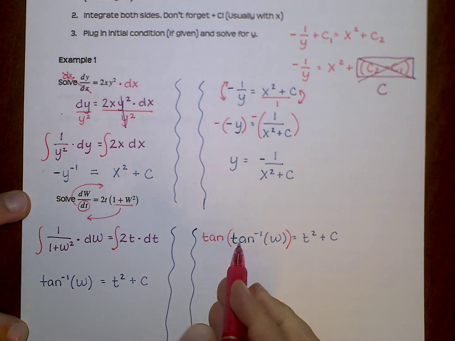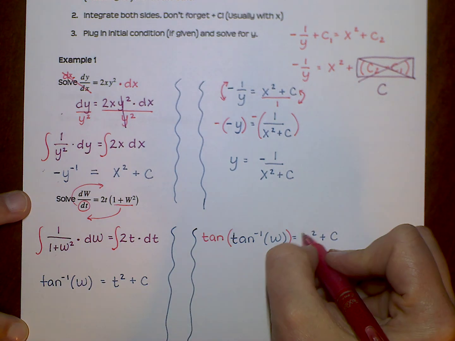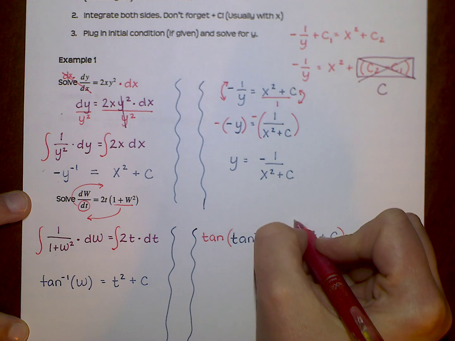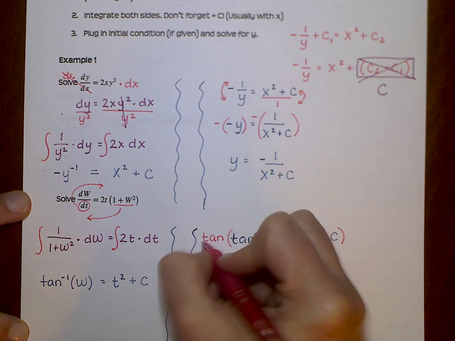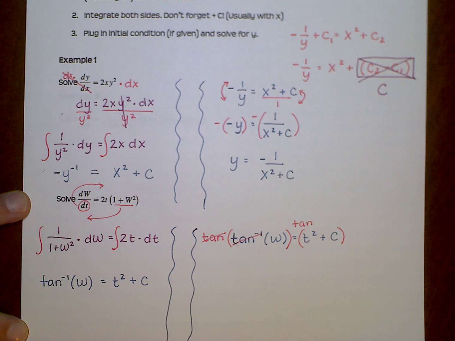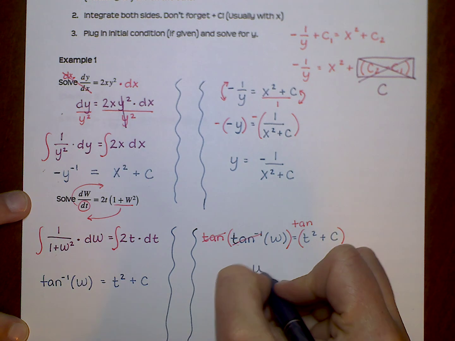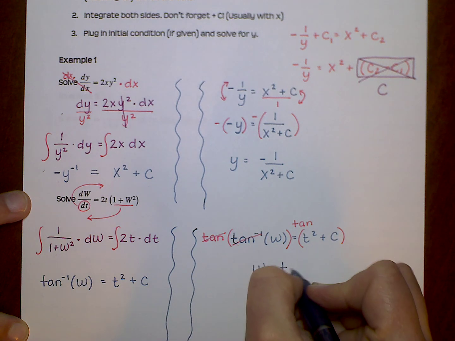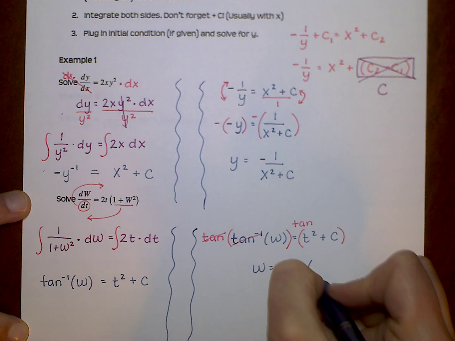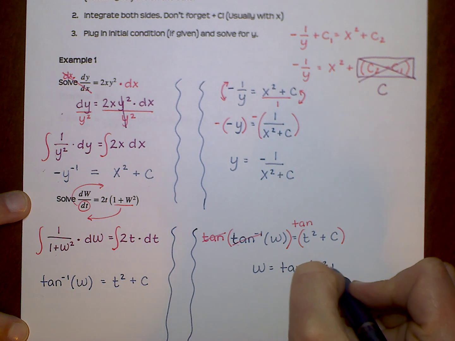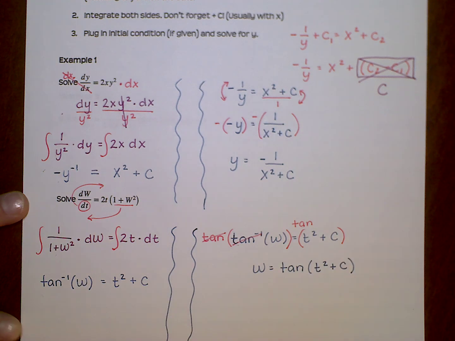The tangent of tan inverse is going to cancel itself out. So this is now going to have a tangent on it. This and this cancel. And now what I have is w is equal to the tangent of t squared plus c. And that's my solution to my differential equation.